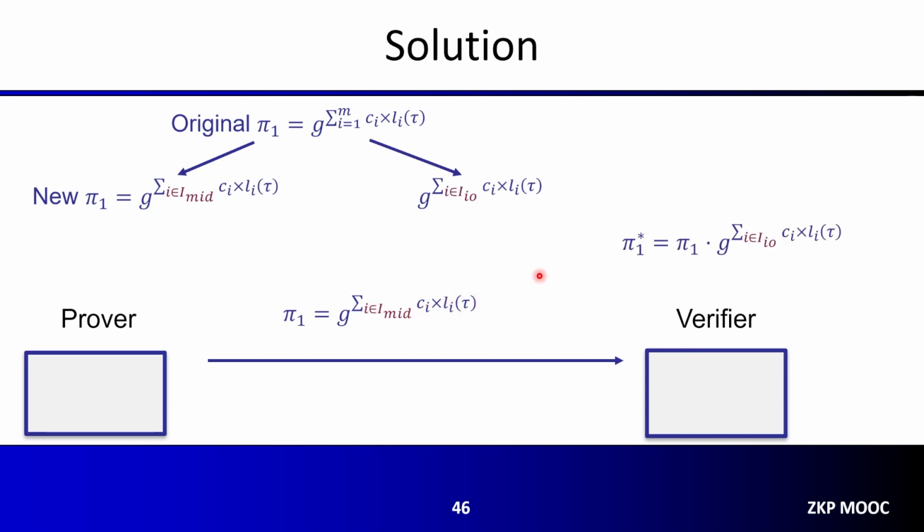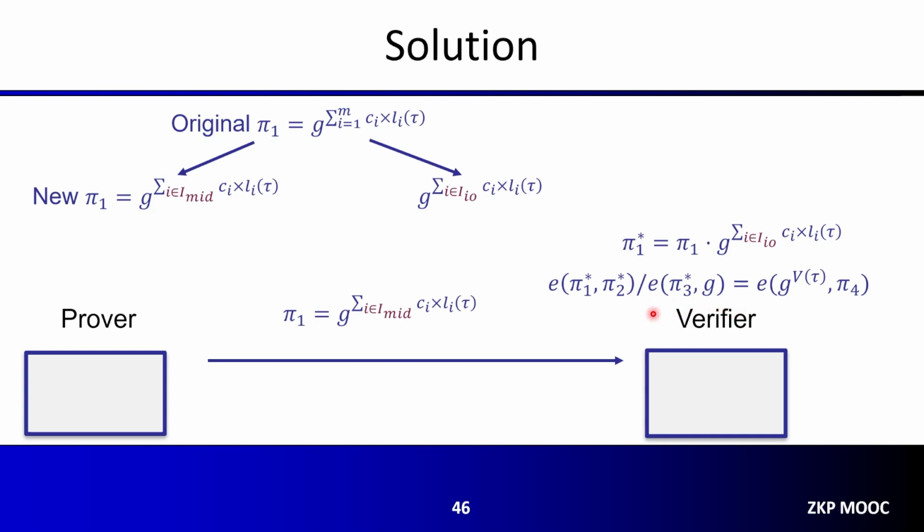And the verifier can recover the original pi1, which I'm calling pi1 star here, by multiplying pi1 with g to the power of the summation over i in I_io, ci times li(tau), in the exponent. Similarly, the verifier and prover can do the same thing for pi2 and pi3. I'm omitting the formal equations for them, and I'm just going to call these original pi2 and pi3 as pi2 star and pi3 star.